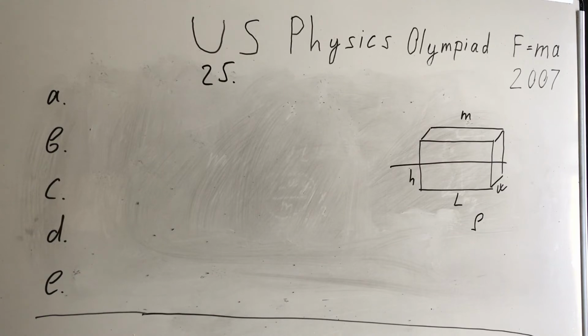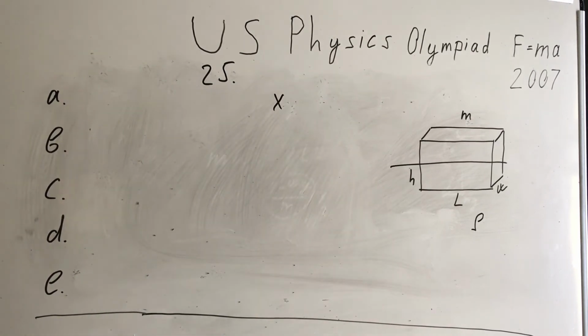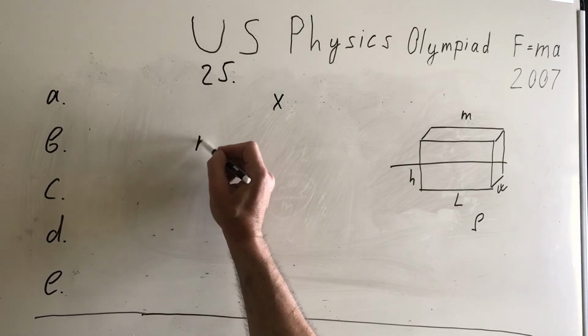To solve this problem, we just need to write equations. What is the force when we move this box a little bit down by a distance x? We can write the equation right away.